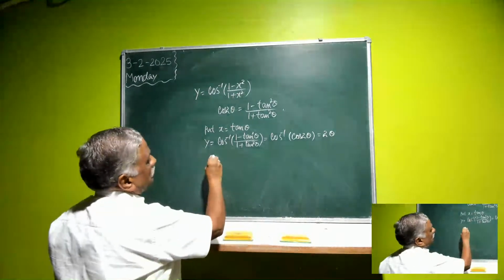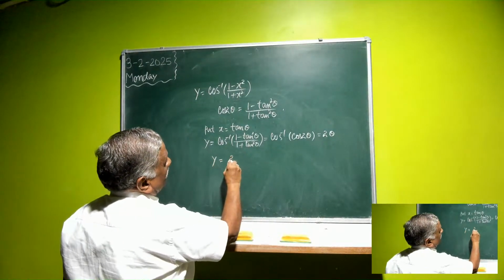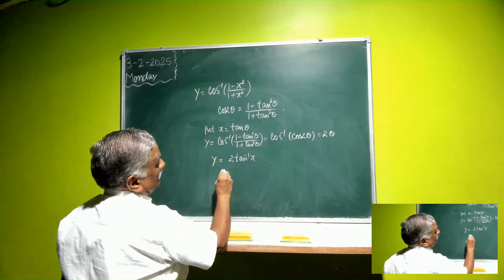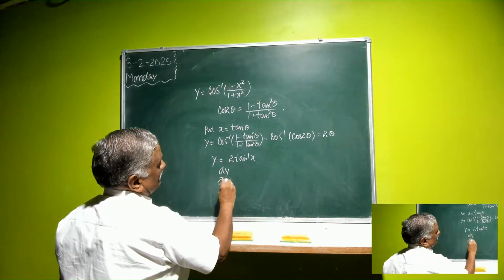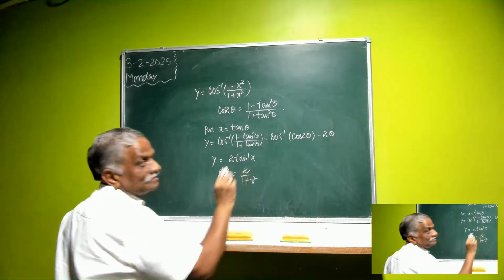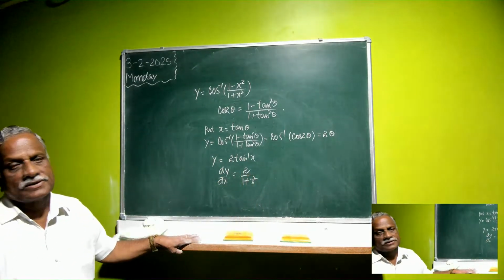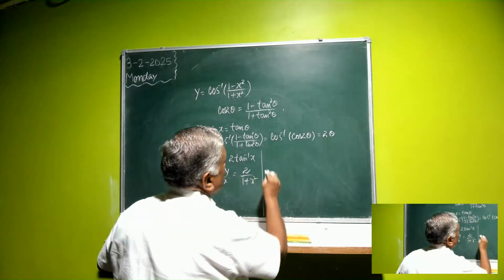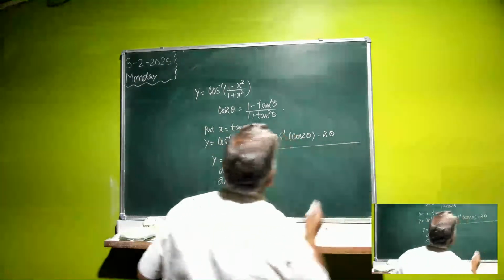So y is equal to 2 theta, and theta is tan inverse x. So dy by dx equals 2 over 1 plus x square. Supposing you don't remember the formula, still you can get 1 mark.